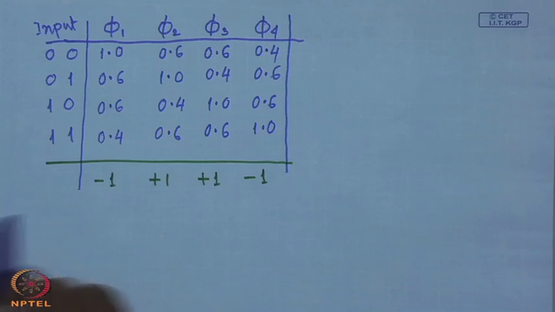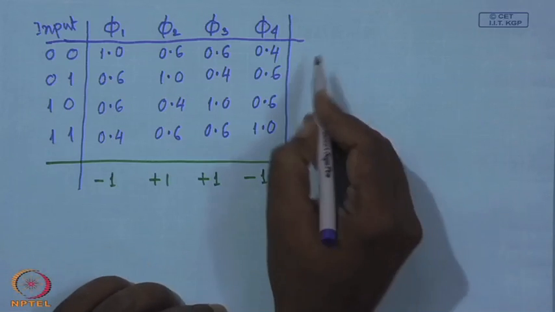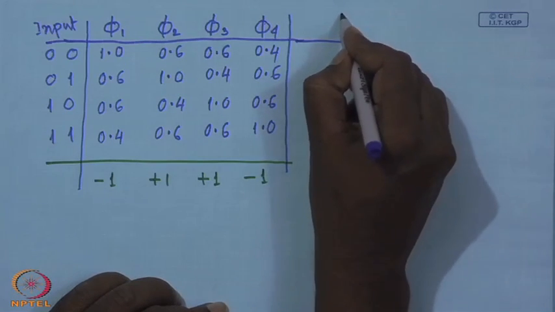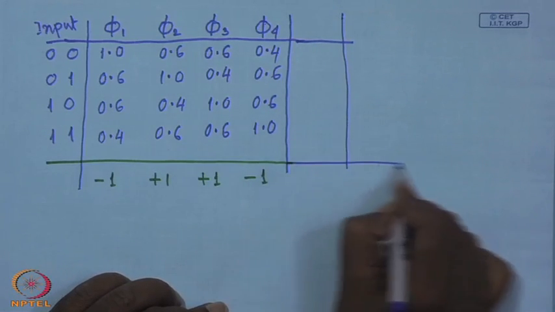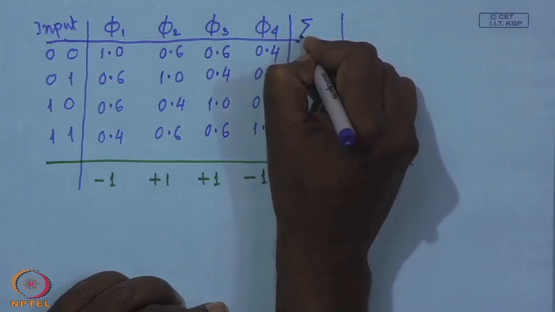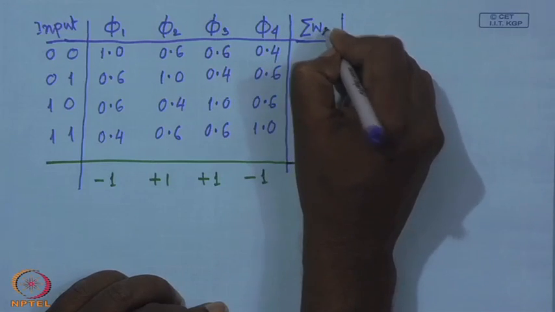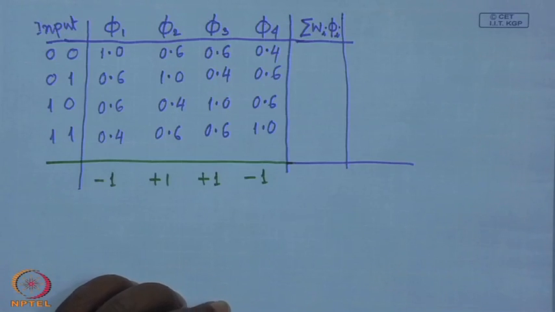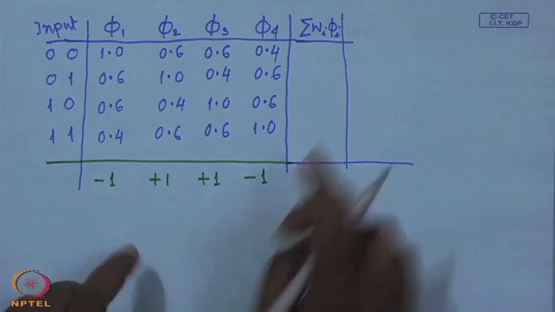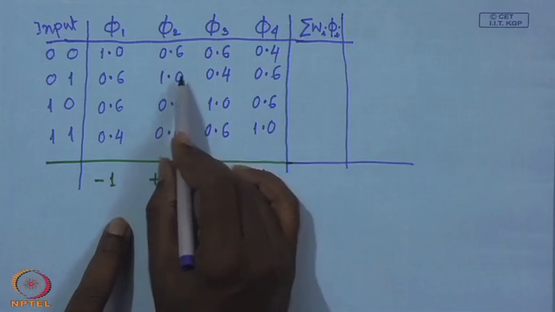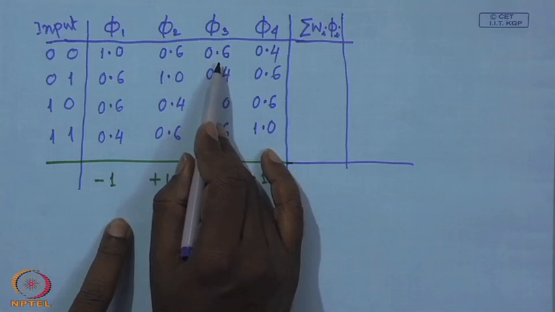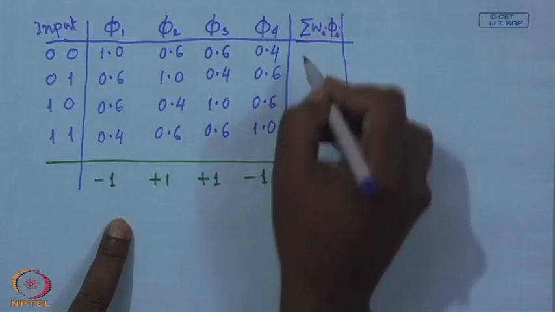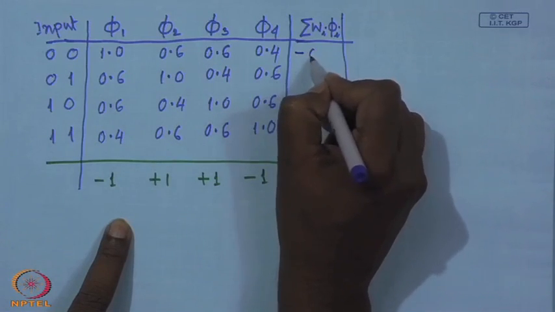So, here I will write the sum of W i times phi i, where i varies from 1 to 4. Here it will be 0.6 plus 0.6 is 1.2 minus 1.4, this will be minus 0.2.